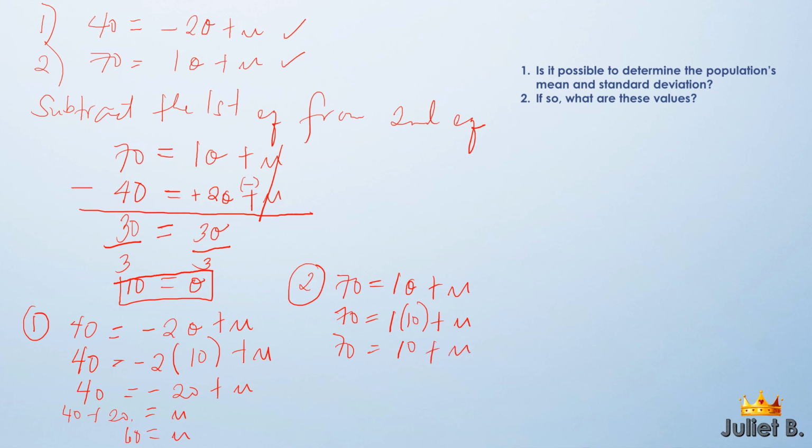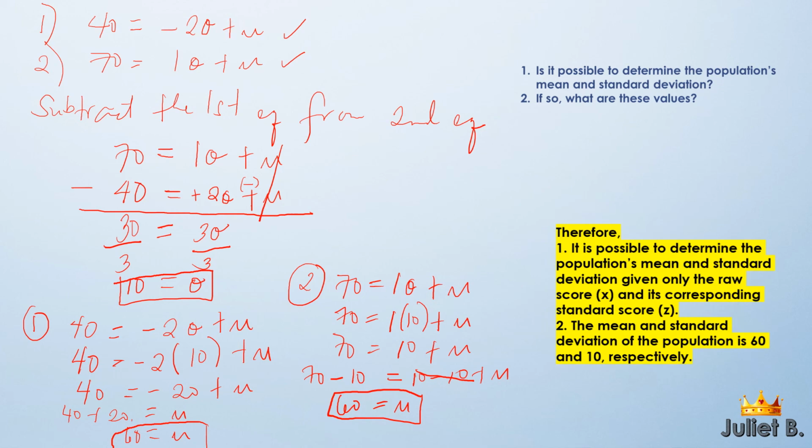Using addition property of equality on both sides, 70 minus 10 is equal to 10 minus 10 plus mean. So this will be 0. This is 60 is equal to the mean. So they both agree that mean is equal to 60.